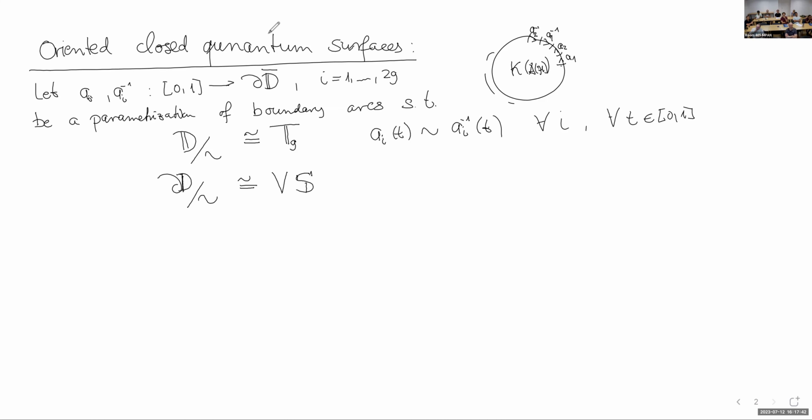How many do we have in the classical case? And then C, my quantum surface, J_Q, where Q stands for quantum, the triplet of operators.